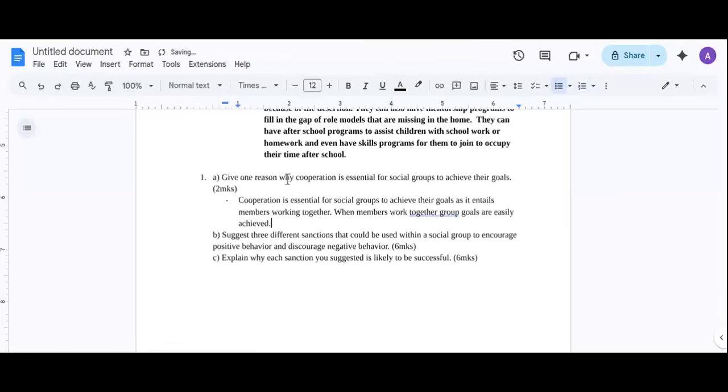Cooperation is essential for social groups to achieve their goals as it entails members working together. When members work together, group goals are easily achieved. So I don't know if you noticed as well, since we are answering the questions, all the questions are answered in full sentences and answering what they are asking.